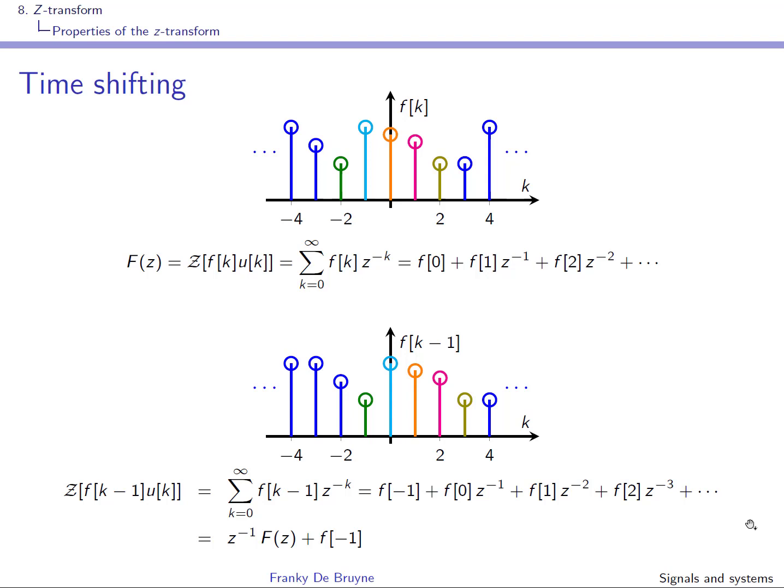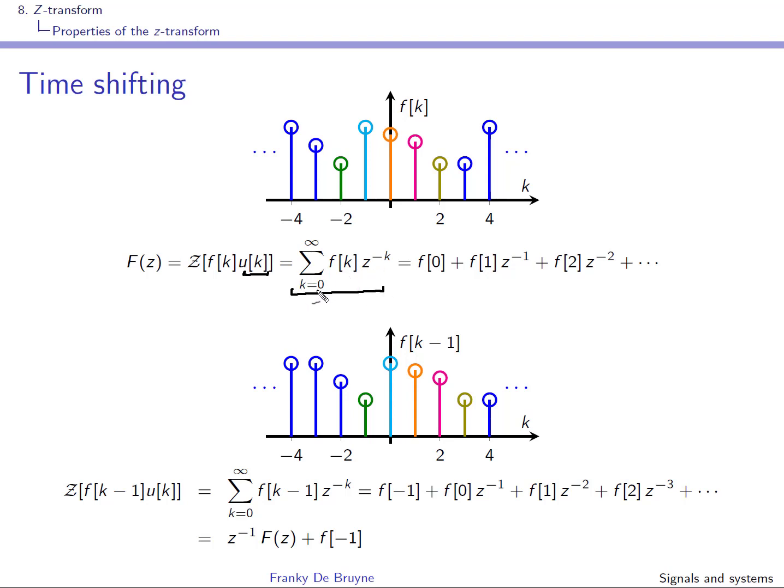The original signal will always be here at the top, and it's this signal f of k, and of course we are interested in its one-sided Z transform, so we have to multiply this signal by u of k. What I expect you to know at the time of the exam is the definition of the Z transform. It's this sum that ranges from 0 to infinity of f(k) z^(-k).